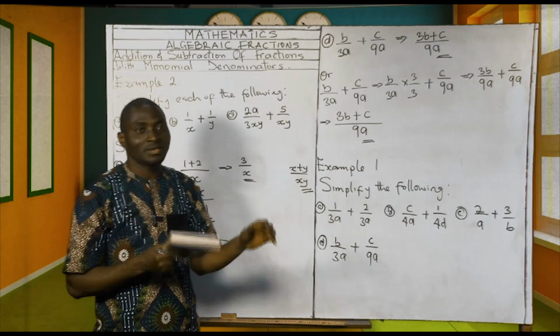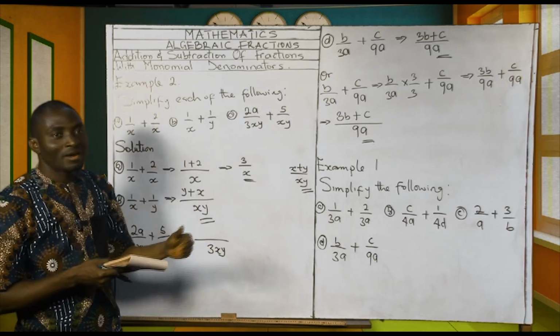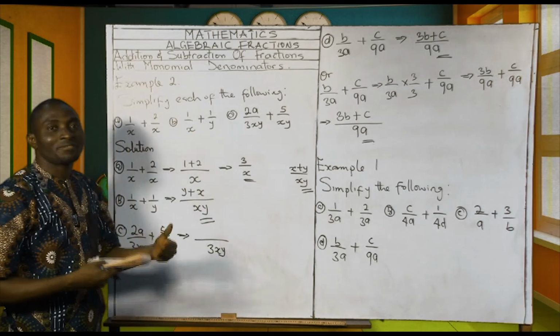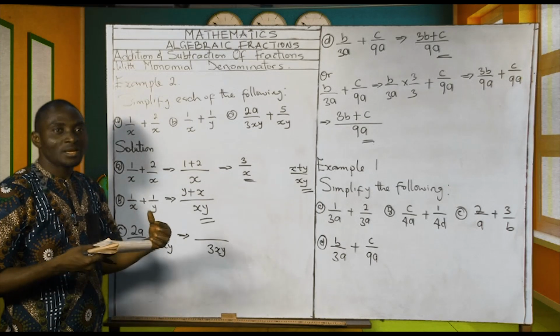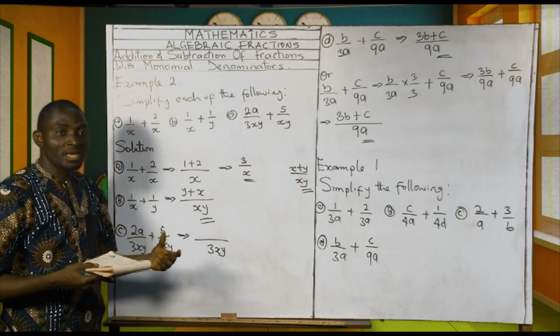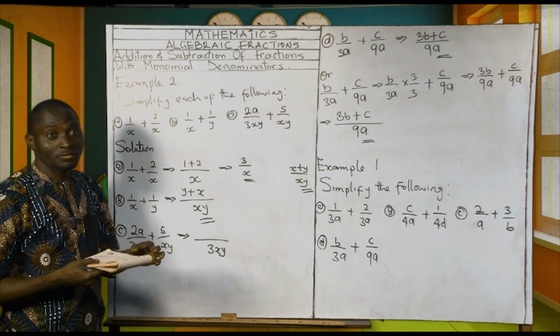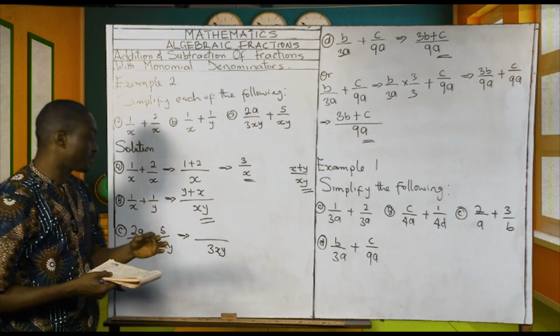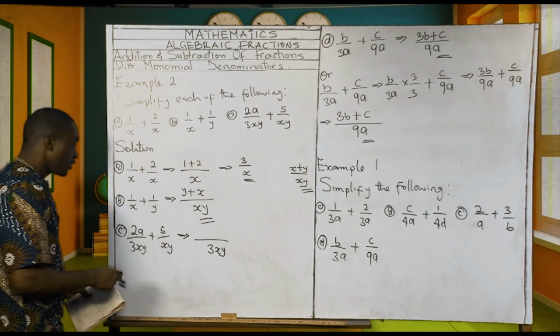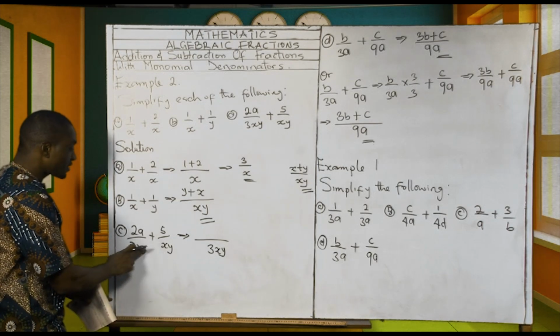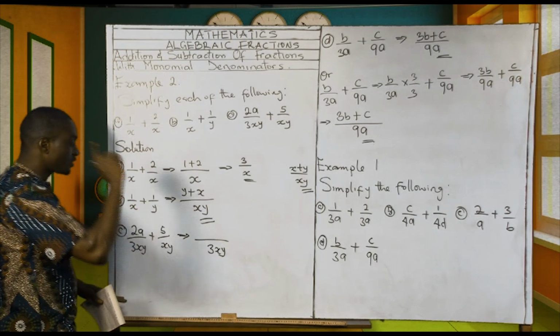I've explained there how we can find the LCM, least common multiple, of any set of algebraic expressions.